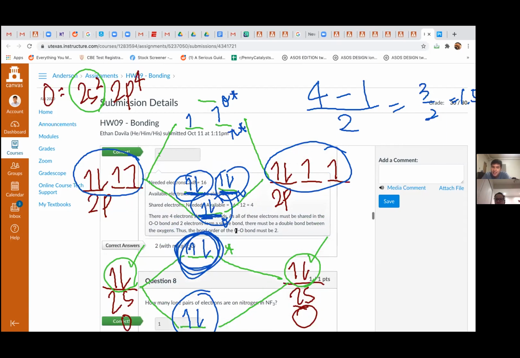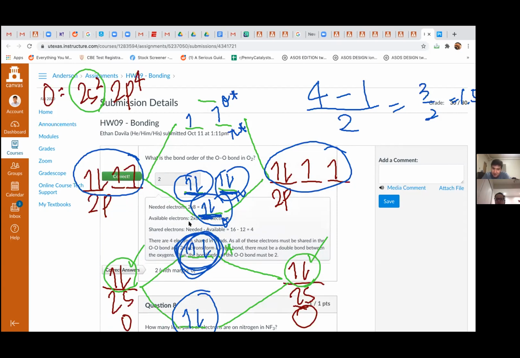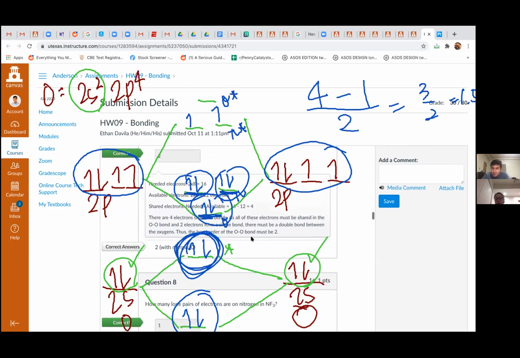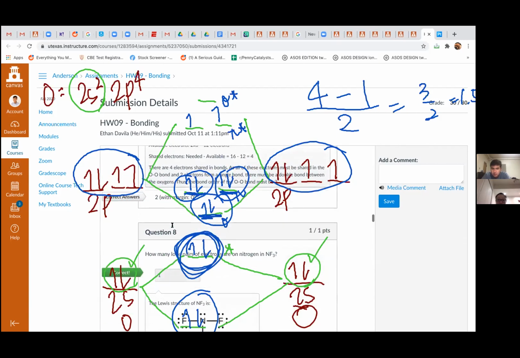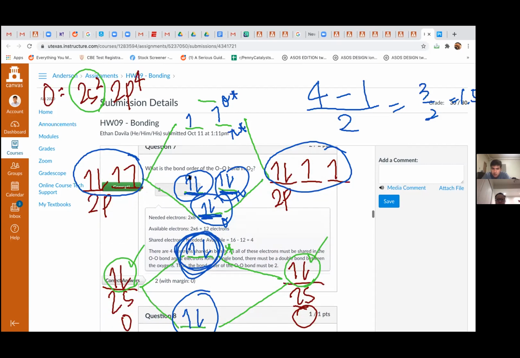Oh, wait, can you just do needed minus available? Because what they're saying, needed minus anti-bonding. Are you just counting all the electrons?